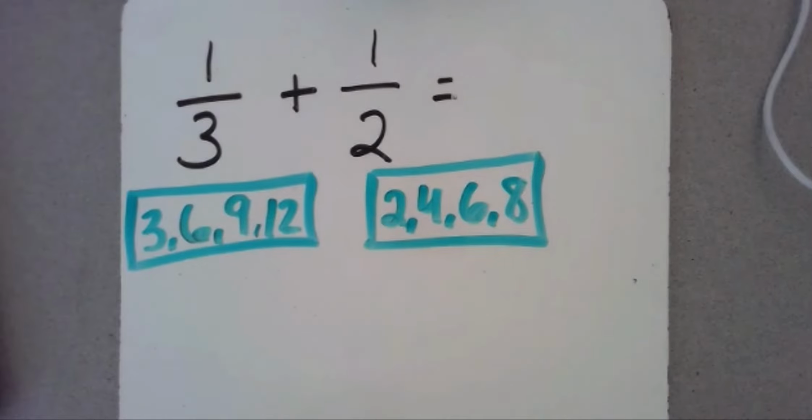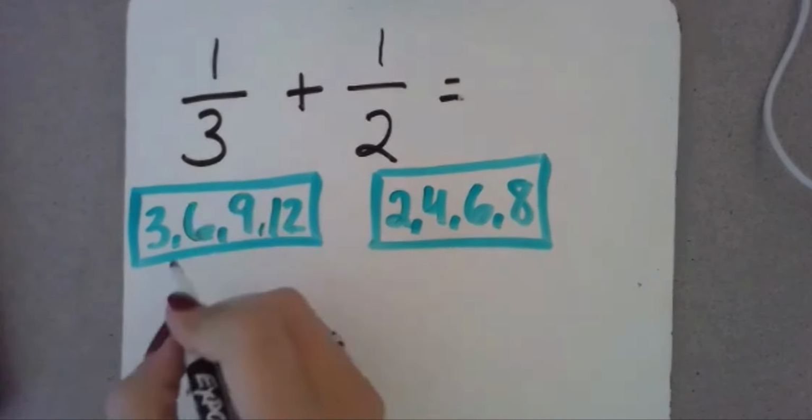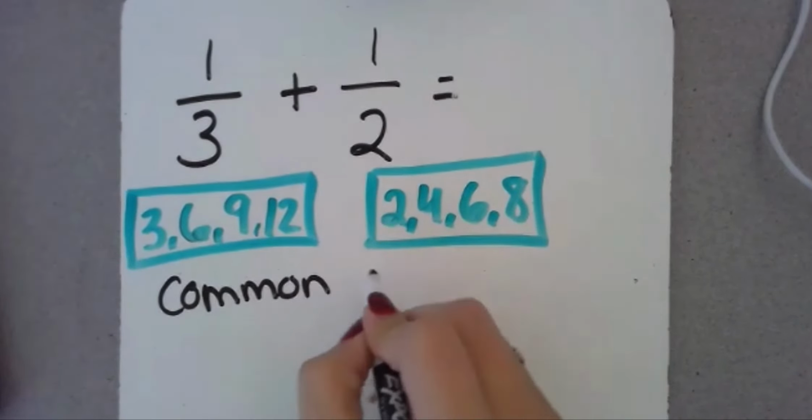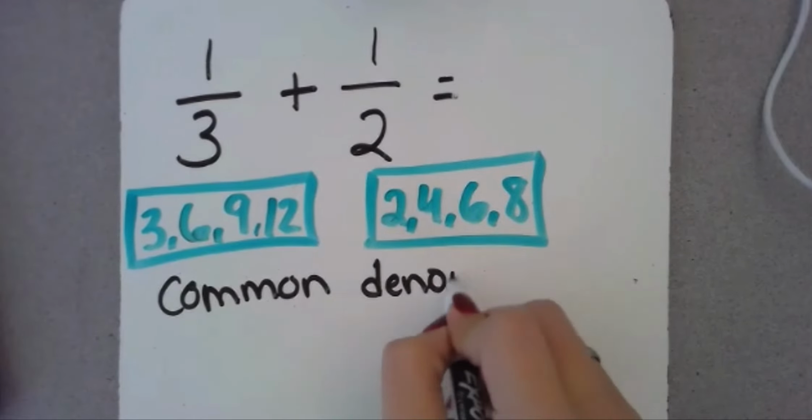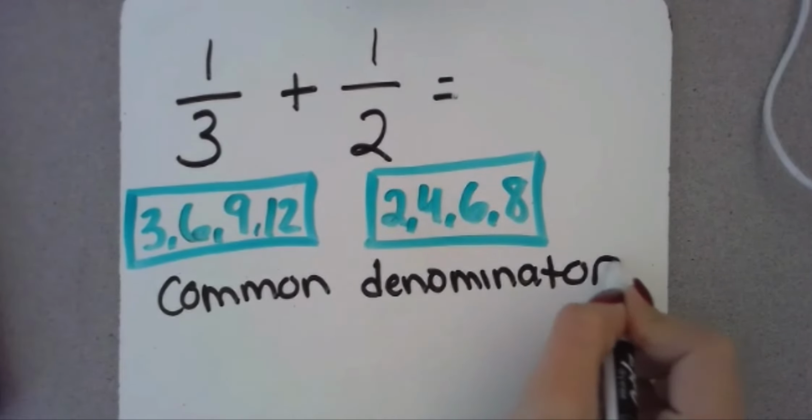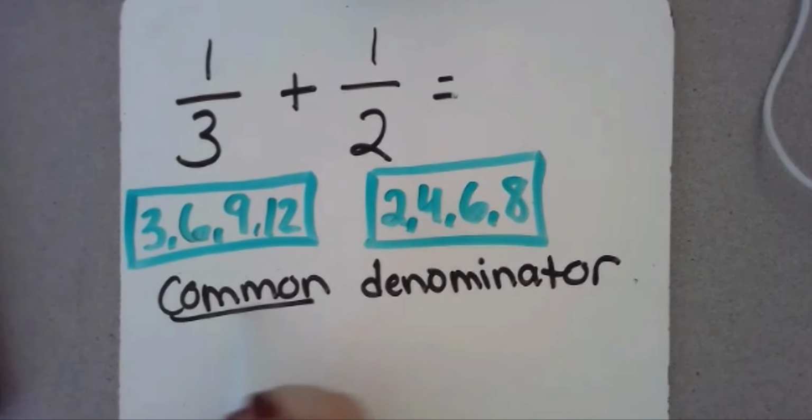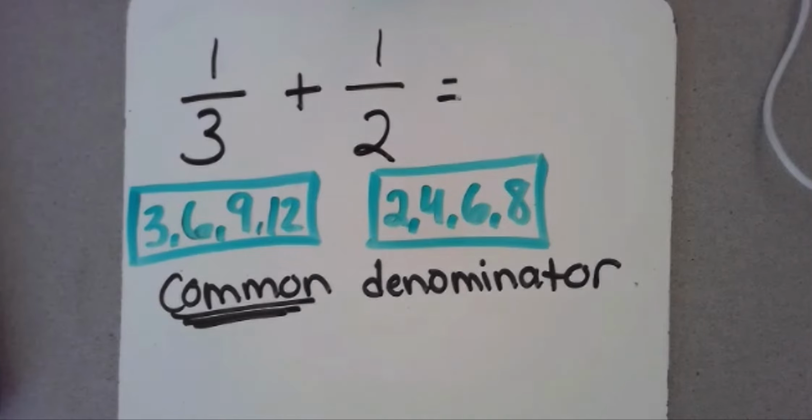My question for you is, if we are looking for a common denominator, we're looking for the number that they have in common. What number do both of these have in common? Please write that in the chat for me. What numbers do these both have in common?